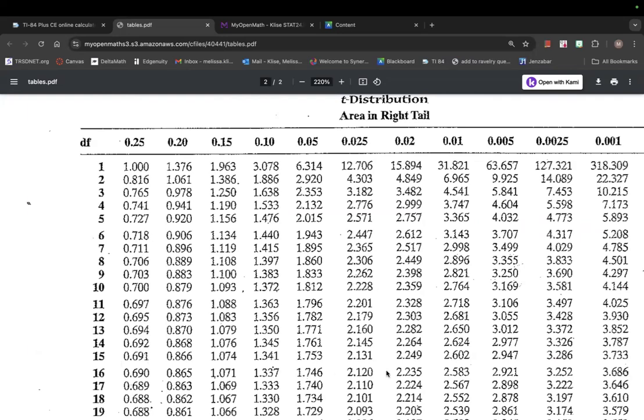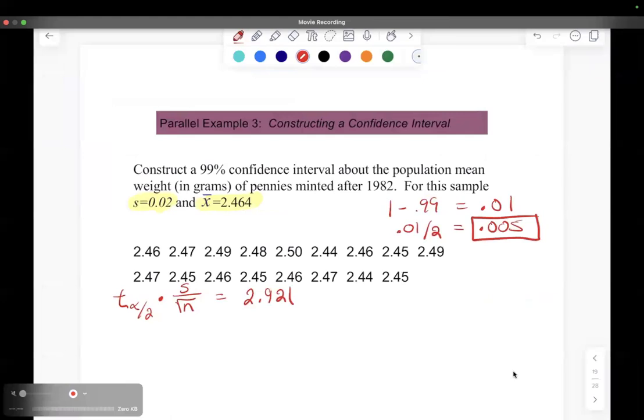So 0.005 and 16 give 2.921 as my t-value, times, I've used parentheses, my standard deviation, 0.02, divided by the square root of 17. We leave the 17 there because it's n.